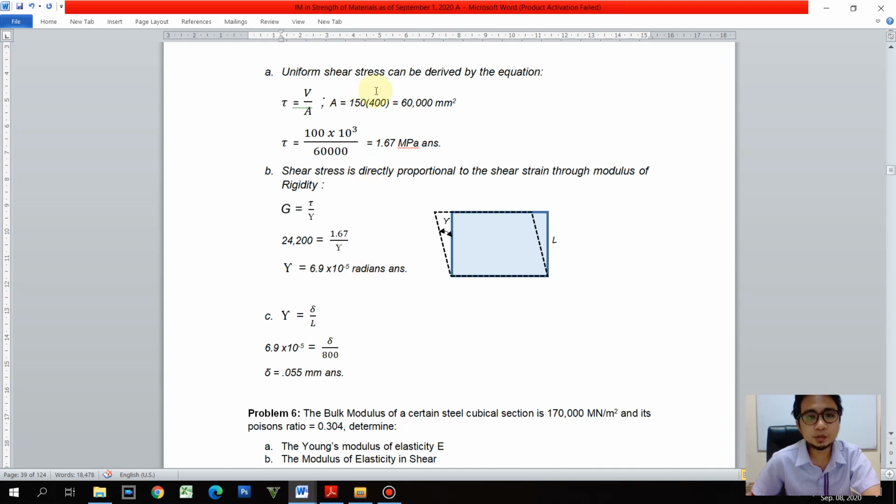So on number 6, we have the bulk modulus of a certain steel cubical section, 170,000 megapascals, and the Poisson ratio is given. Number 1, the Young's modulus of elasticity is required.